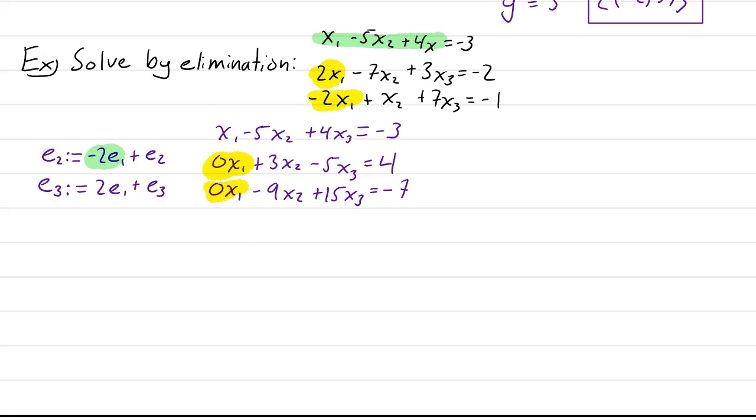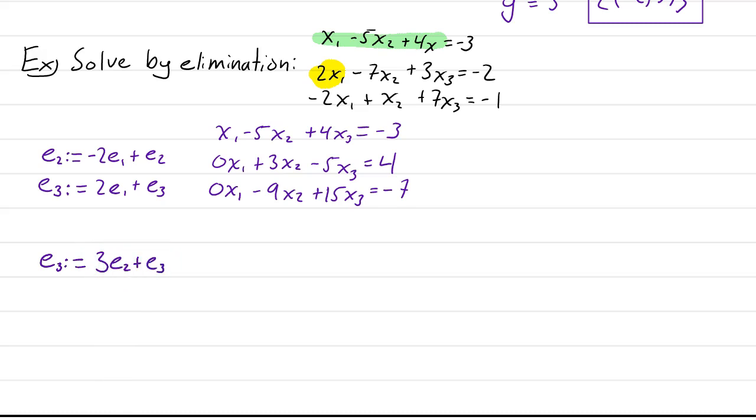So what we can do now is, looking at just these two equations, let's think about what we can do with just this stuff here. What I would do is say, well, let's do 3 times 3x2 and add that to negative 9x2 to make 0x2. So that operation would be replacing equation 3. It's a replacement operation with 3 times equation 2 plus equation 3.